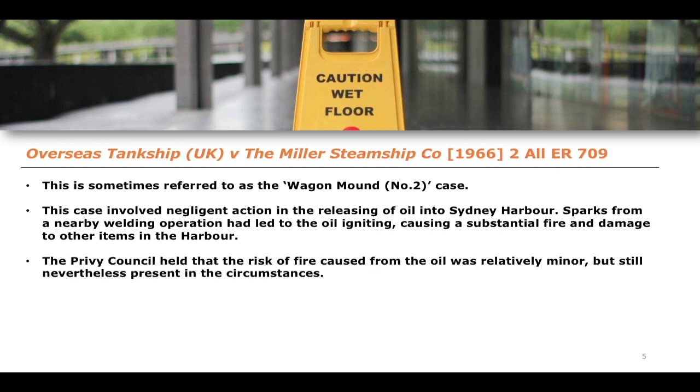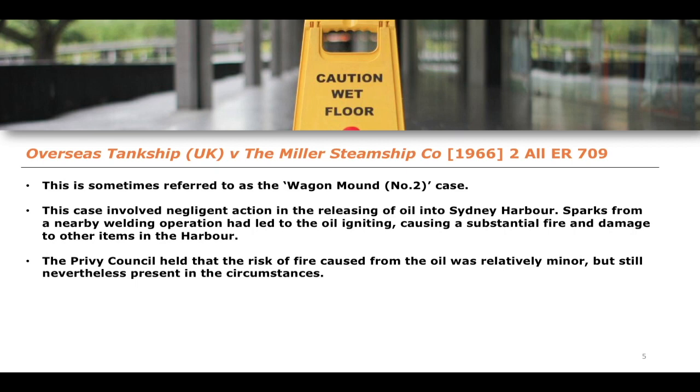Now, the Privy Council asked the question as to the extent and the magnitude of risk in these circumstances. So, were the people who had allowed quite negligently the oil to spill, were they liable for the damage that was caused by the fire? Well, what was the magnitude of risk for the oil catching fire?